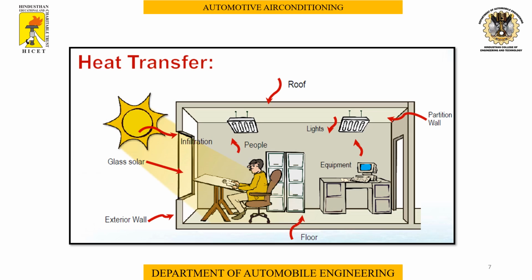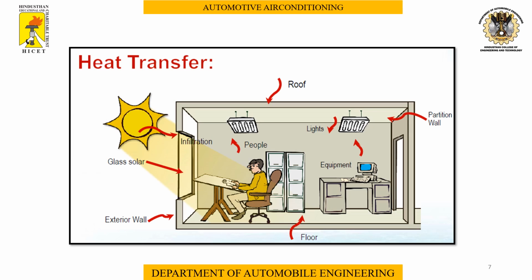So heat transfer takes place, including conduction. The human being, while doing some work, is also giving off some amount of heat. The light is also giving off some heat, the computer is also dissipating some heat, and through the partition wall some heat also comes into this room.